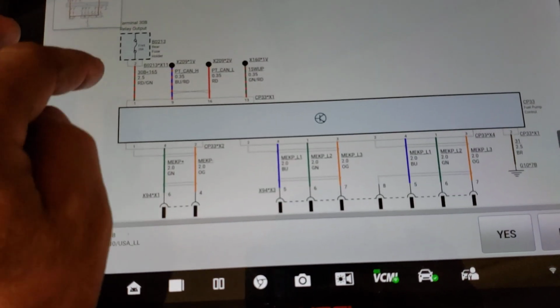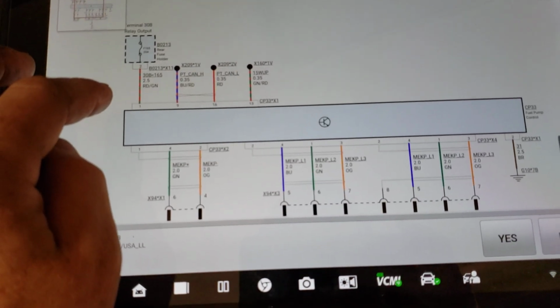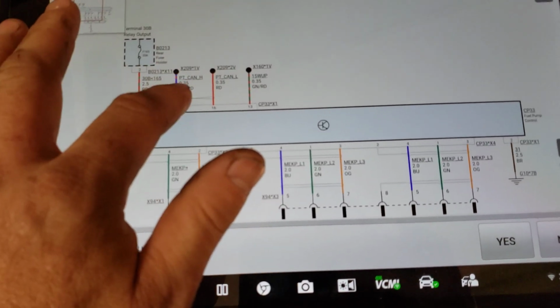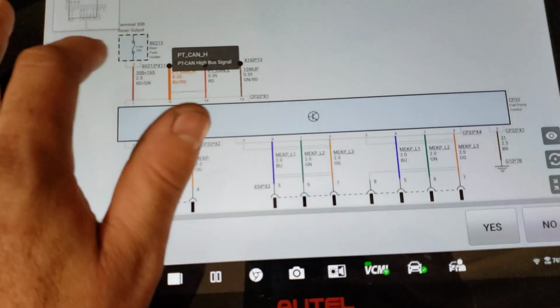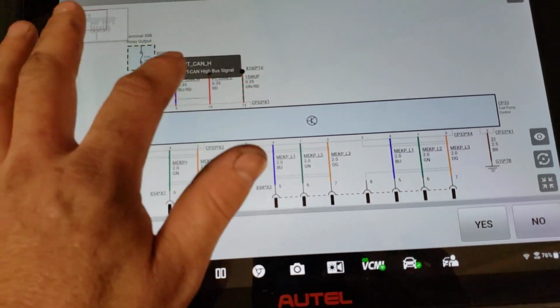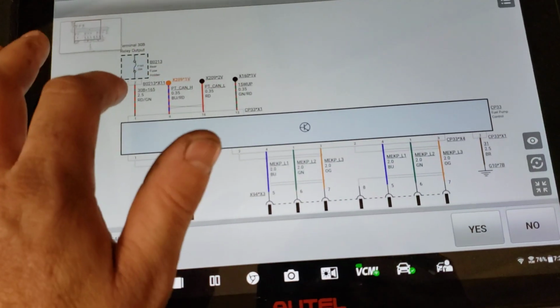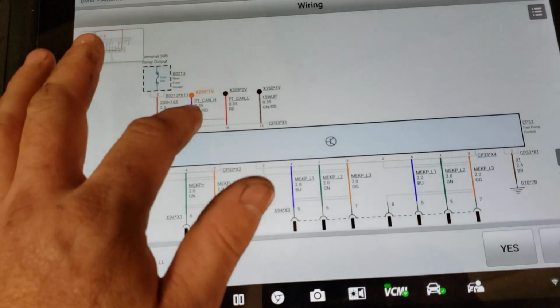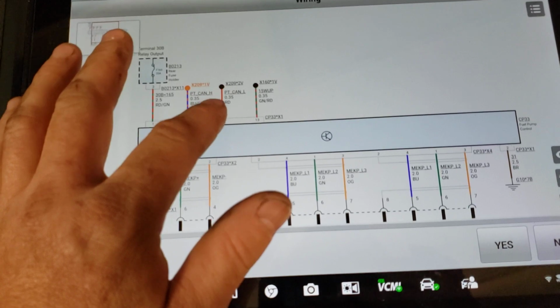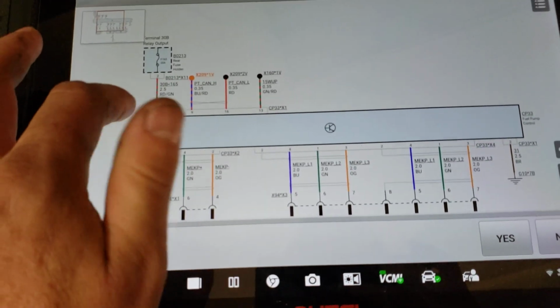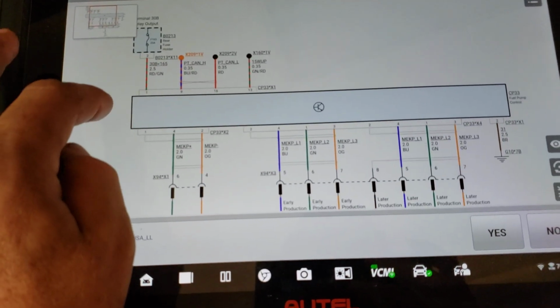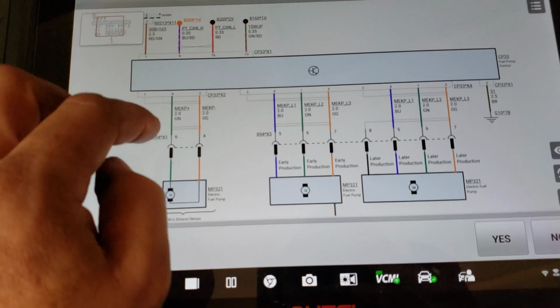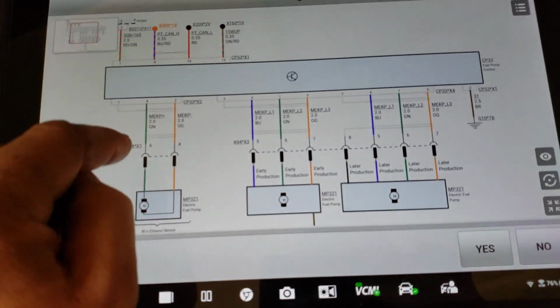And then there's your CAN. And you have PT CAN high, PT CAN low, which we were just looking at. Got a wake up signal. I believe that's what that is. So we got CAN high 1 and CAN low 1. No CAN 2 on this one.